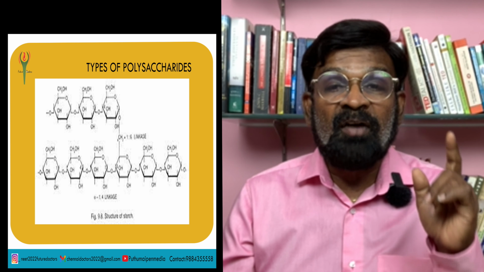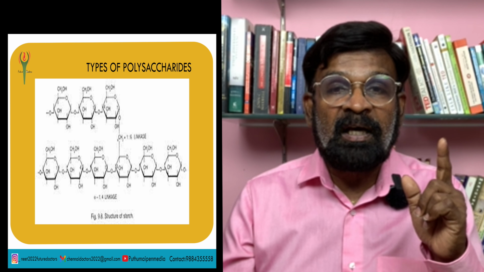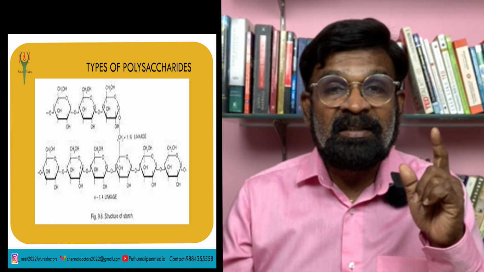Cellulose is a polymeric polysaccharide which consists of only one type of monosaccharide monomer, that is glucose.